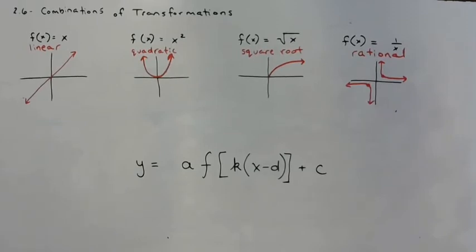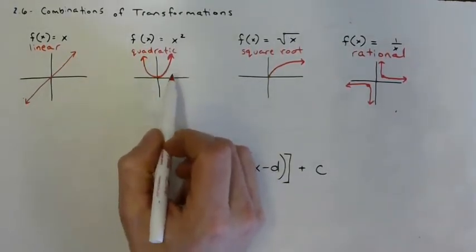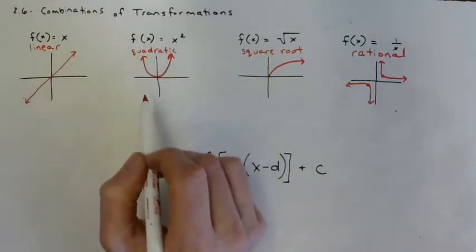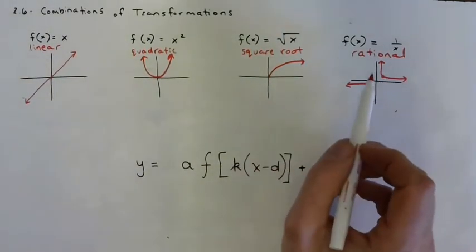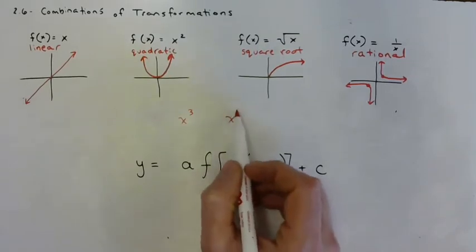I know what k does. I still don't get what k does. That's the only thing. What does a do? It tells you if it flips up or down. Your brain is probably thinking in terms of quadratics, which is okay because that's pretty basic for us. But you can apply these to any function. You could apply them to a cubic, or a quartic.